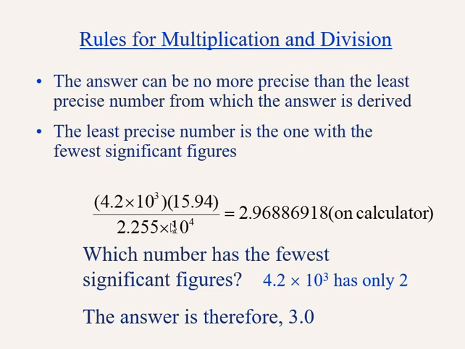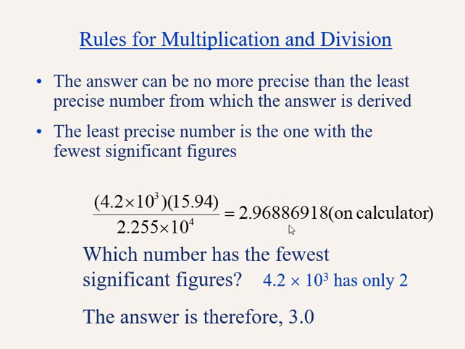When it comes to multiplication and division, the order won't matter. You might as well multiply this in the numerator and then divide it by this. Or you might choose to do it by dividing this by this and then multiplying it with this. Regardless, this is what your calculator gives you. Now notice how many digits there are.